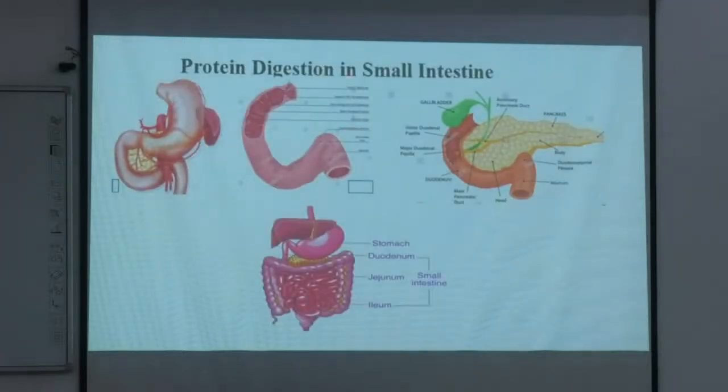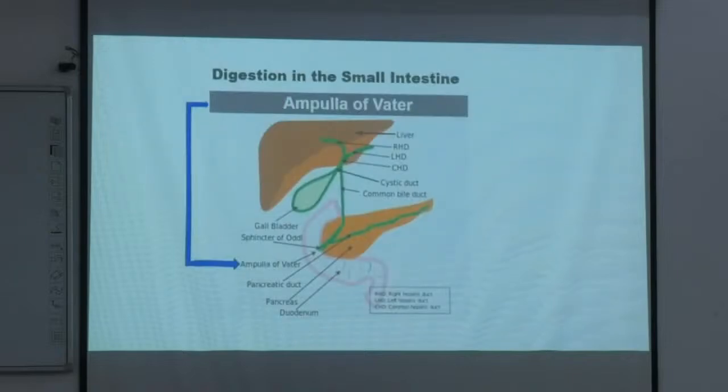Now protein digestion in the small intestine takes place basically maximally in the duodenum and a small part in the jejunum. You will recall this structure, or you will be told about it in your anatomy class: bile is secreted by the liver, stored in the gallbladder, and from the gallbladder it is transported through the common bile duct.